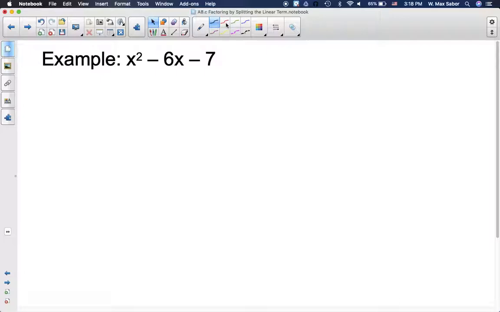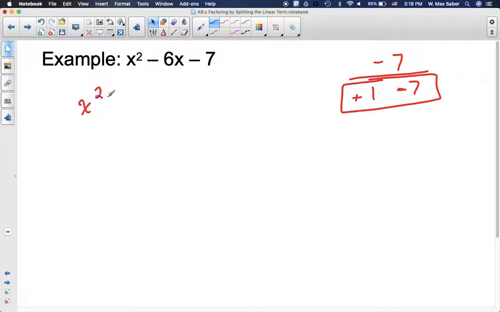So let's do the same thing with now some negatives thrown in there. Negative 7 can only be made from 1 and 7. In order to get negative 6 and negative 7, we need to use a negative 7 and a positive 1. So when we split this linear term, we'll say x squared plus x, or 1x, minus 7x minus 7.